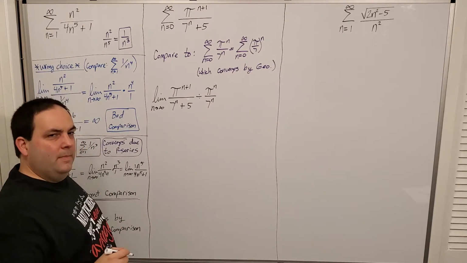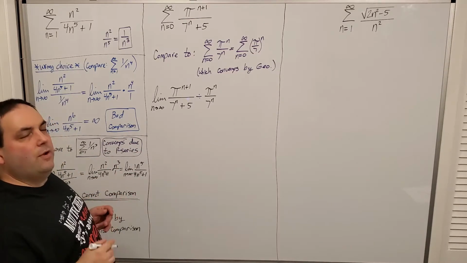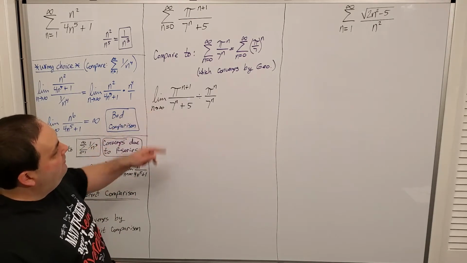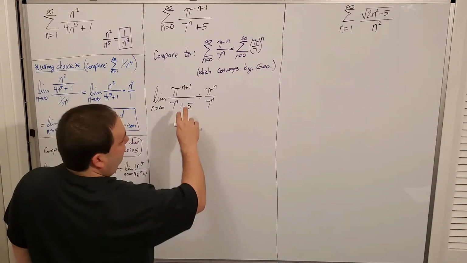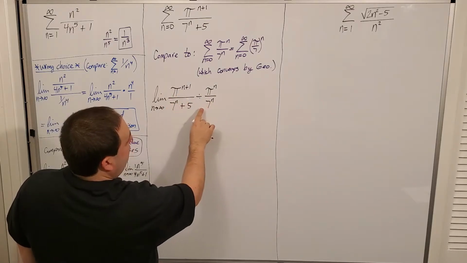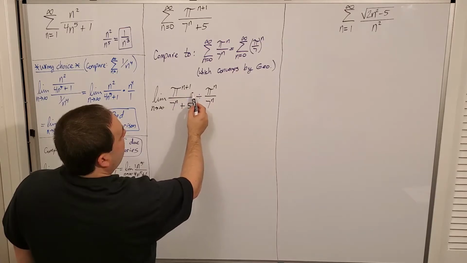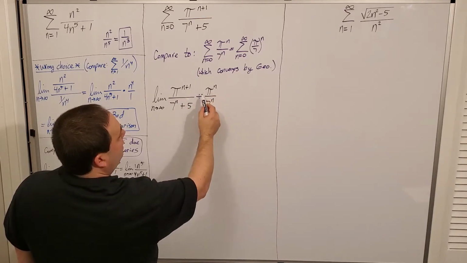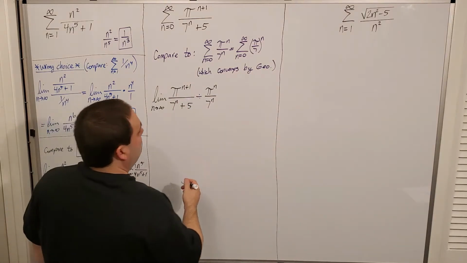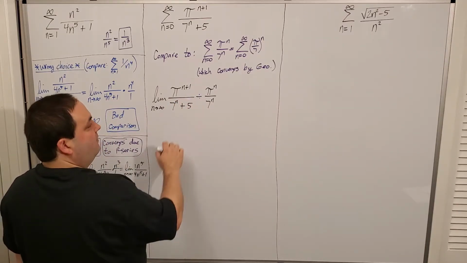Now this time I'm not going to flip and multiply. It's easier actually to simplify this one, leaving it like it is. Because remember, you can flip and multiply, but the real structure is that I'm dividing straight across. Okay? So I'm going to divide pi to the n plus 1 divided by pi to the n. And I'm going to divide 7 to the n plus 5 by 7 to the n.